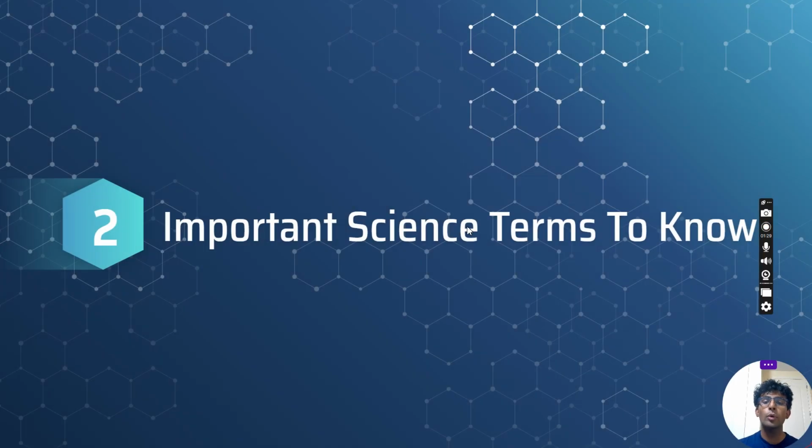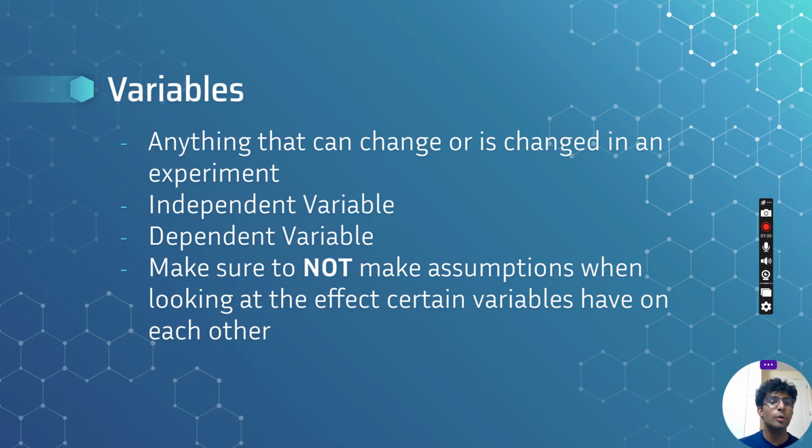So let's go over some important science terms first that every student should know for the ACT Science section. First is variables, right? What are variables? They're basically any factor that can change or is changed in an experiment, right? So we have two major types of variables that we're going to go over. We have the independent variable, which is the variable that we are changing.